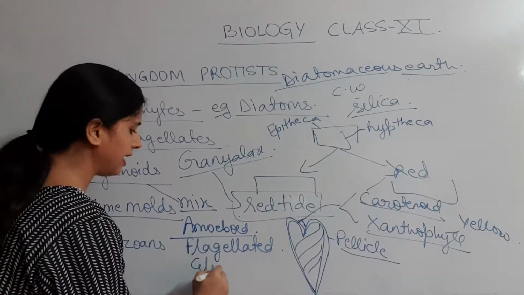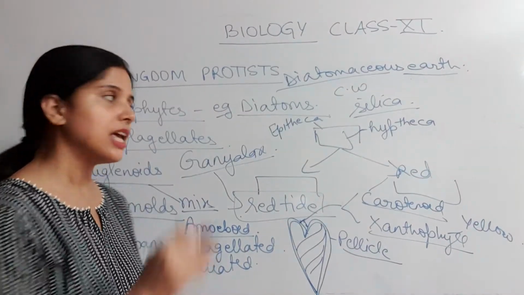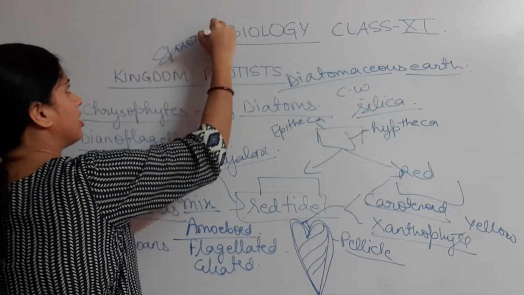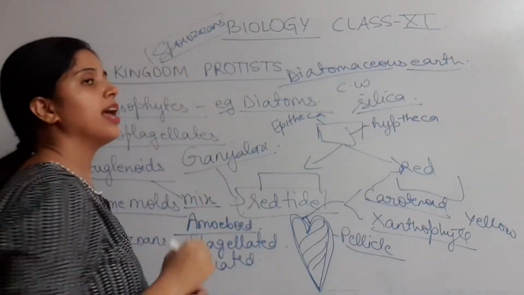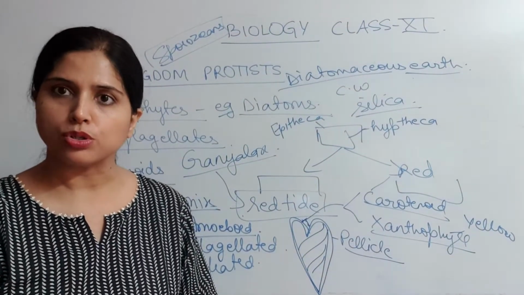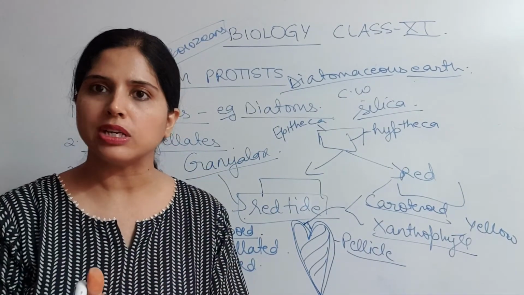Next is ciliated, example Paramecium, and another is sporozoans. Sporozoans are the group of protozoans which cause disease by spores. So spores will be present, which cause disease.